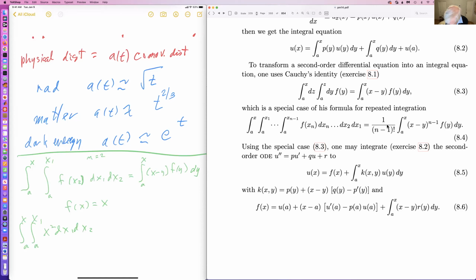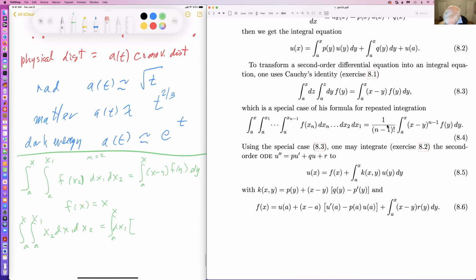F of x. Right, I meant x2. Sorry, so hold on, I've got to fix this. So this is x2, right? F of x2, right. Okay, so let's do the integral x2, a to x, then we have dx1, we have to still integrate.